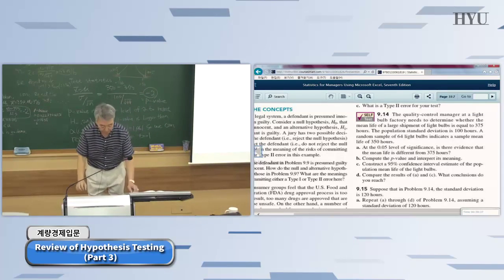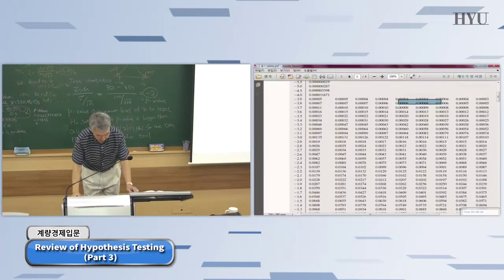So for that purpose, you need the z-table. Again, in actual research, a computer will give you the p-value. But if you're doing it by hand, then 2.0 is right here, and one side is 0.0228.